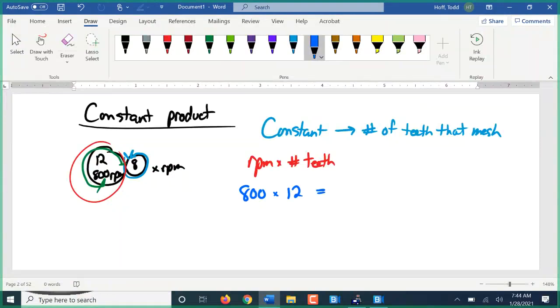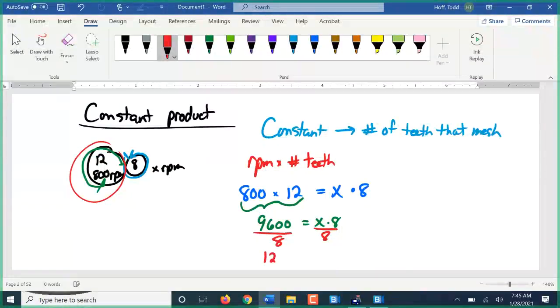For the little gear, it's going to be X RPM times 8 teeth. So now to solve this, we're going to do 800 times 12, which is 9,600, equals X times 8. Now we're going to solve that by dividing by 8. 9,600 divided by 8 is 1,200.